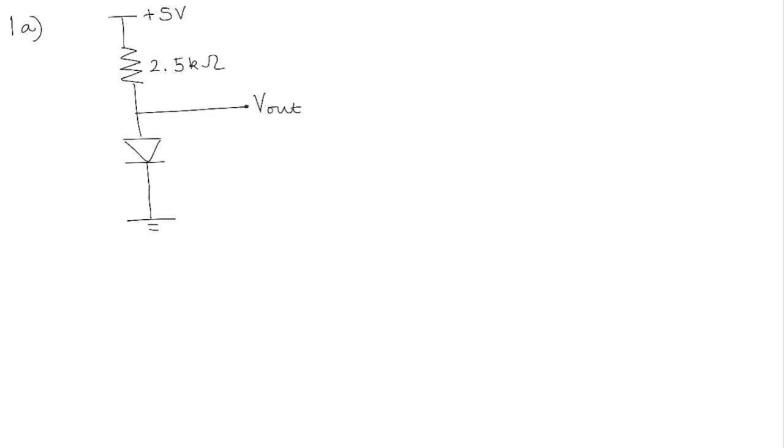Okay, so how do we do this problem? As we said in the class, we will have to assume that a diode has two modes, isn't it? A diode can either be forward biased or it could be reverse biased.